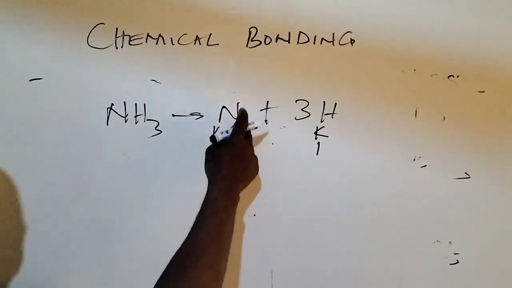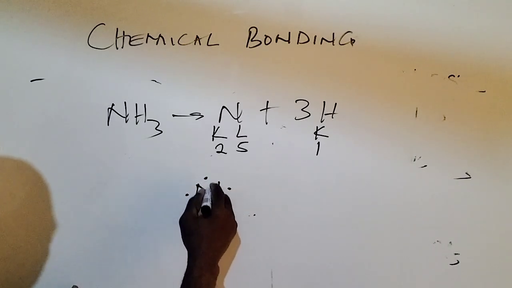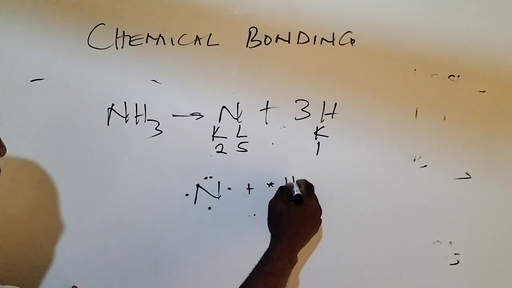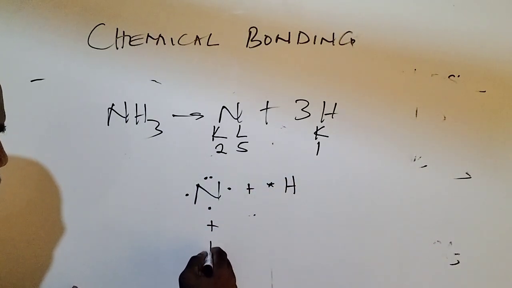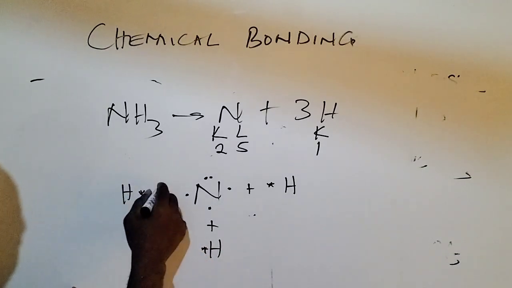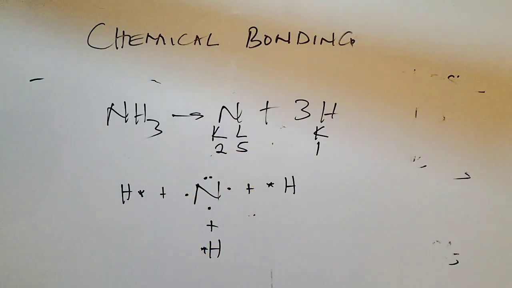The Lewis structure of nitrogen gives you N with 1, 2, 3, 4, 5 valence electrons. Then you need one hydrogen atom on 3 sides. So you see that nitrogen requires 3 to become complete, or 8 minus 5 is 3. It requires 3 to reach octet state.